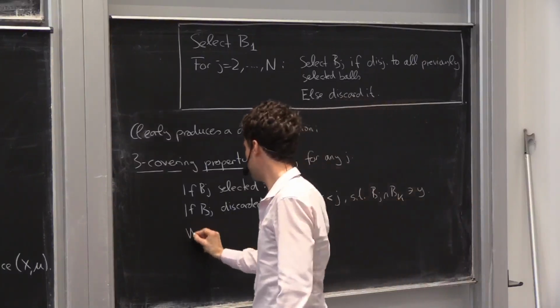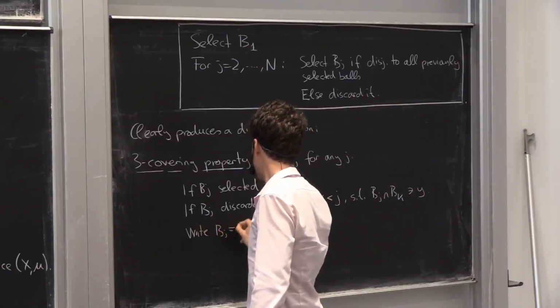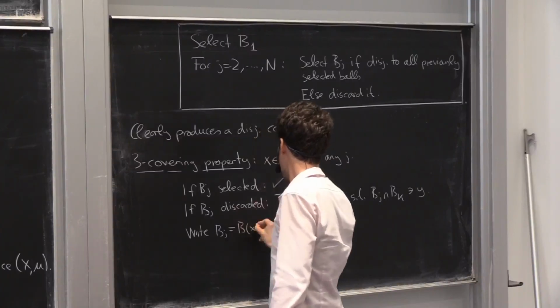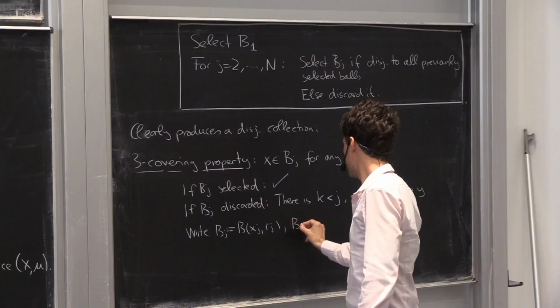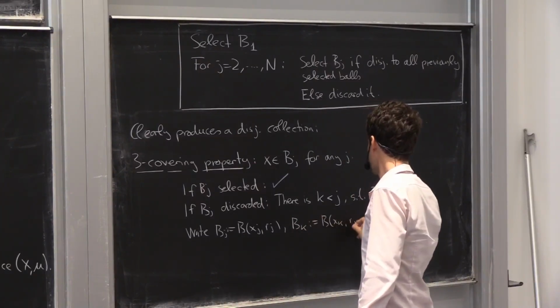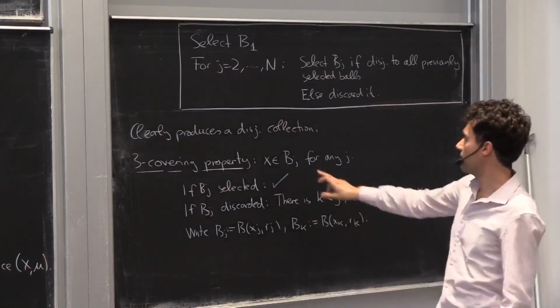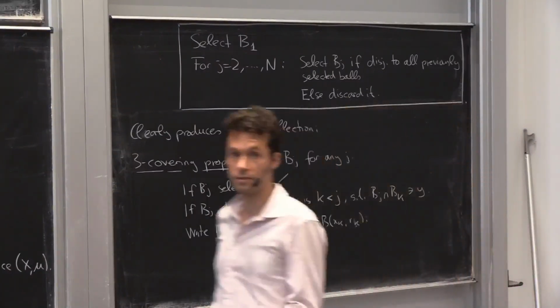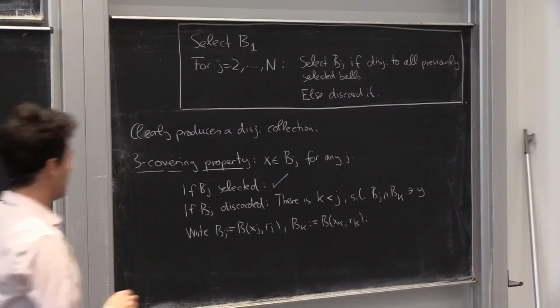So now I write Bj as B(xj, rj), just trying to indicate center and radius of my balls. And I want to check that my element x is contained in 3 times Bk, because Bk was selected.